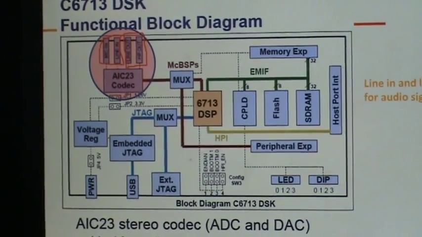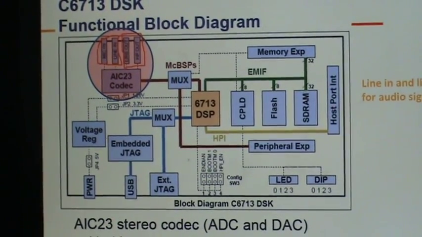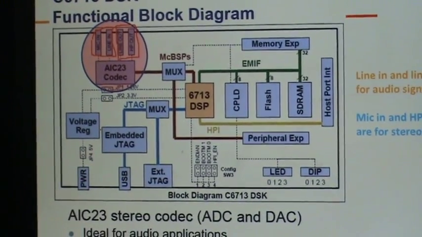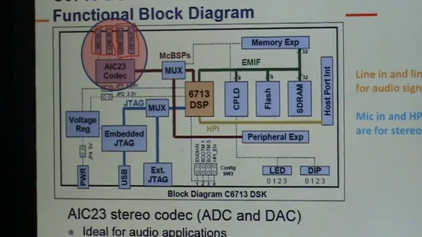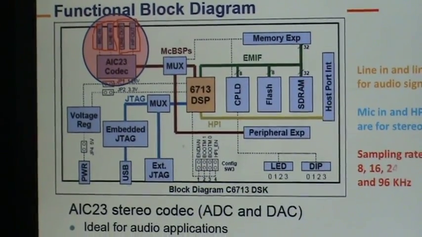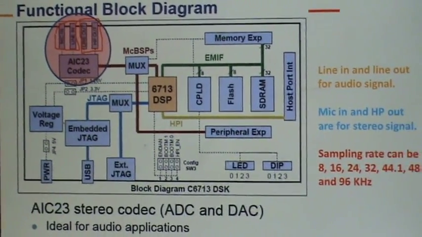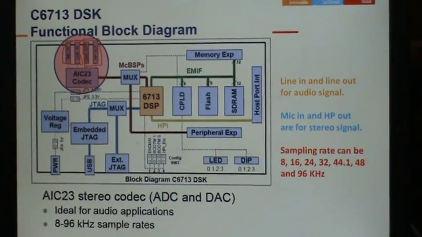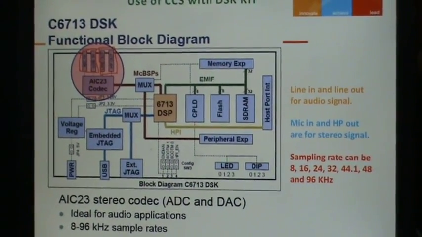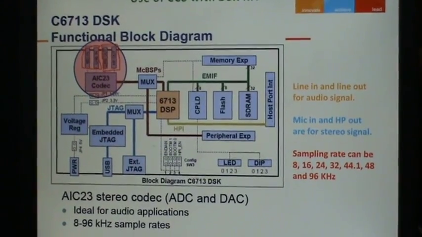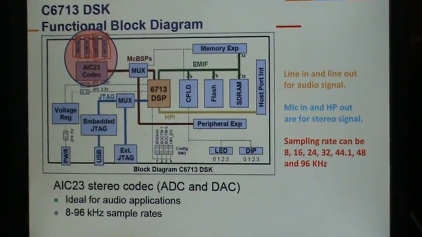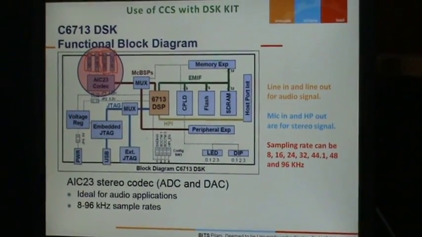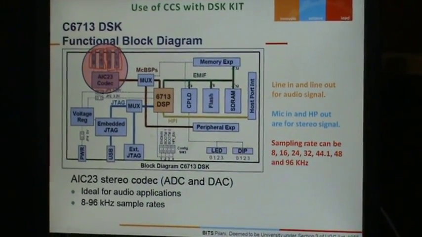Line in and line out are for audio signals, mic in and headphone out are for stereo signals. Except that, you can also control the sampling rate of this codec in the DSK kit as 8, 16, 24, 32, 44.1, 48 and 96 kilohertz, depending on the required input or output signal. You can change the sampling rate.